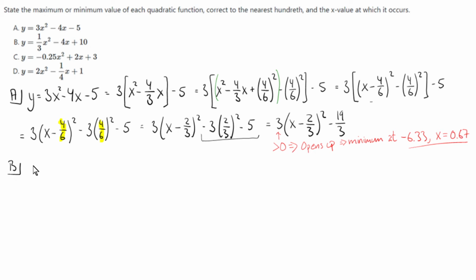In B, we have y equals 1/3 x squared minus 4x plus 10. Our greatest common factor from the first two terms is going to be a third, which leaves us with x squared minus 12x plus 10. We complete the square.